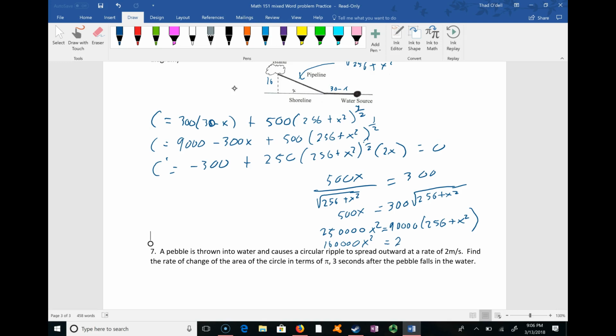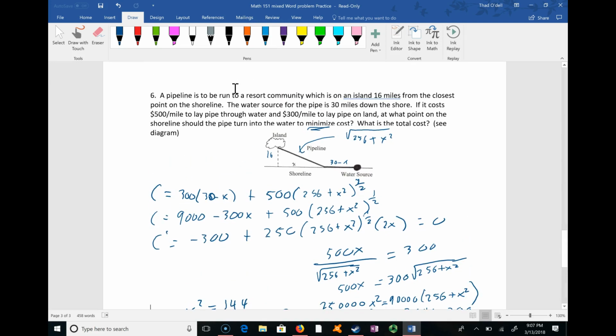So that would be 23,040,000. So I divide that by 160,000, and I get x squared is equal to 144, which means x is equal to 12.